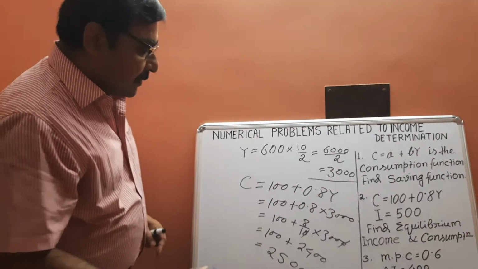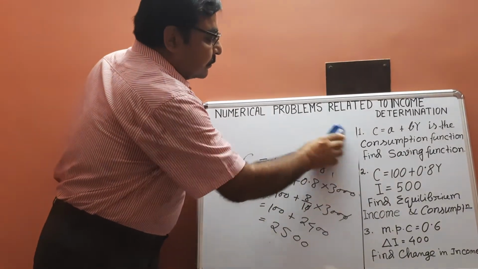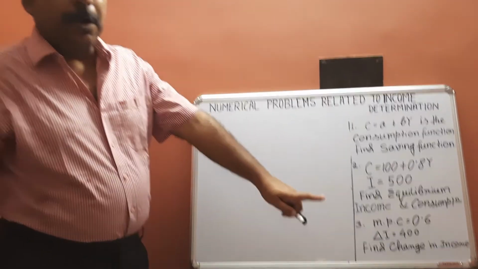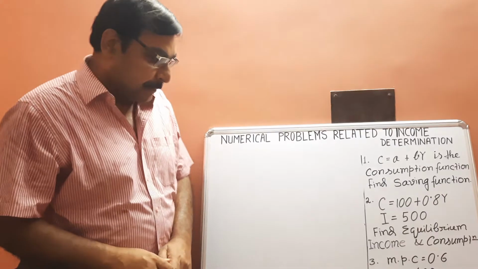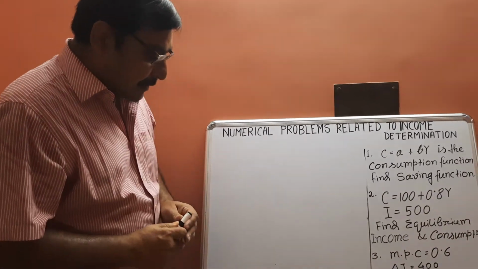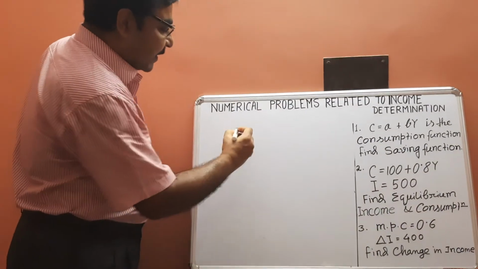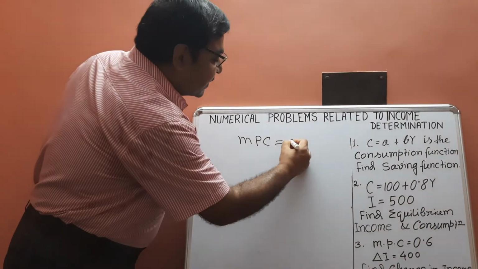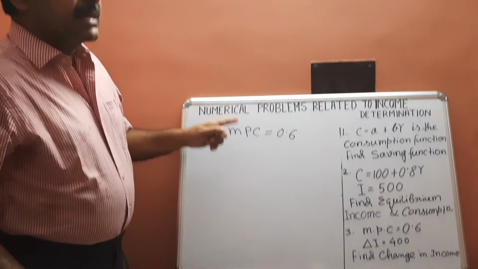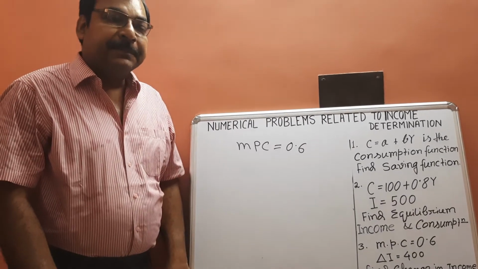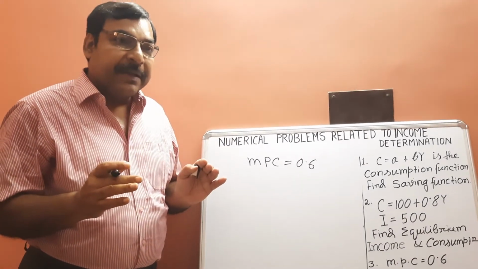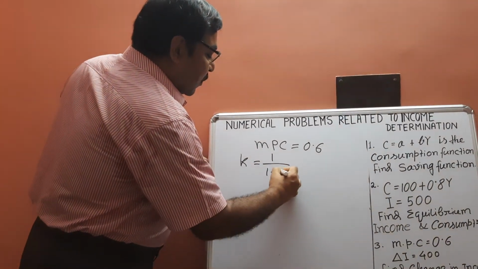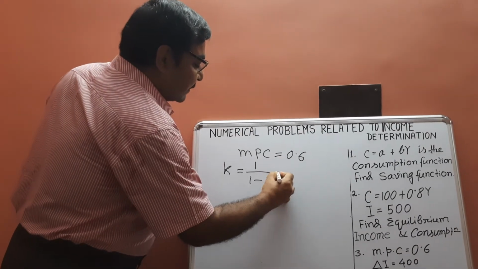Now come to the third problem. It is a problem related to the concept of multiplier. You are given MPC, marginal propensity to consume, equal to 0.6. From this MPC, first we will find out the multiplier. We know the relation between MPC and multiplier. What is that? Multiplier is equal to 1 by 1 minus MPC.